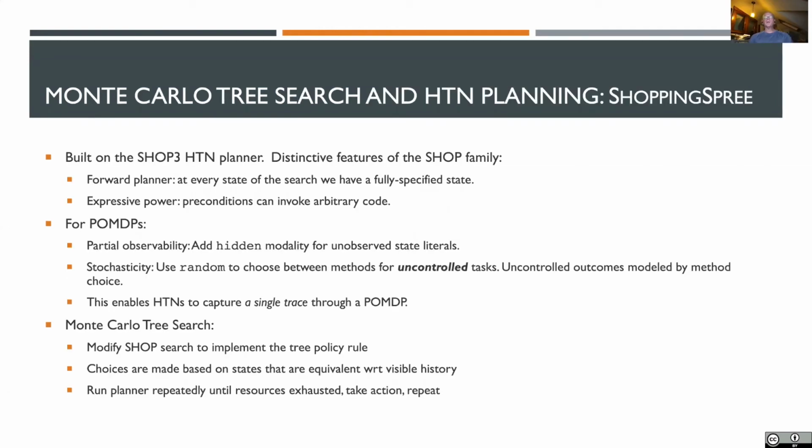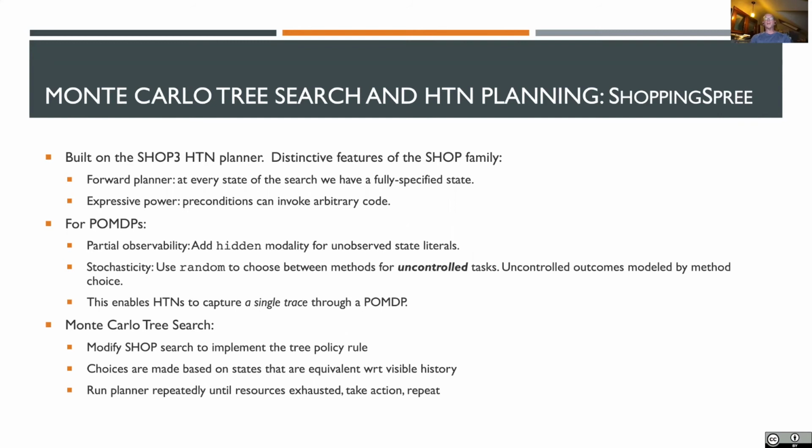To solve POMDPs, we've extended SHOP3 to represent POMDPs and have incorporated MCTS into SHOP3. The two distinctive features of the SHOP family of HTN planners that are most relevant here are first, that it's a forward planner, so at every stage of the search, it has a fully fleshed out world state. And two, it permits its preconditions to use external code.